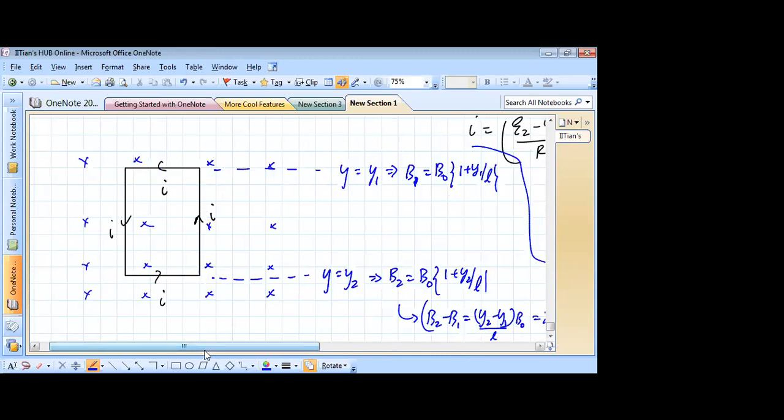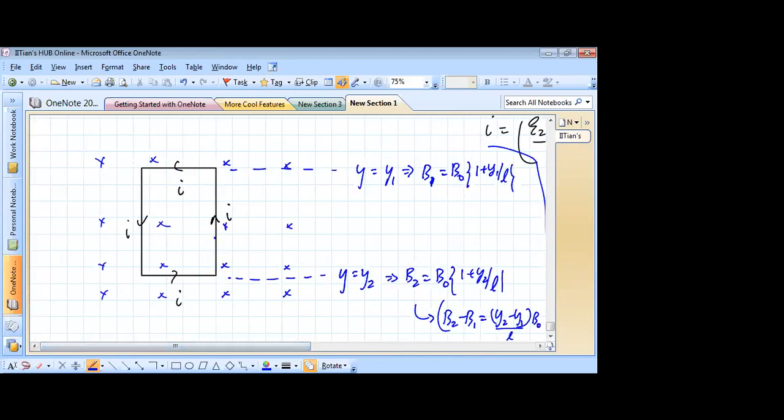But also we can see that if you take a general current element I dL here, at y equal to y, the magnetic field is a function of y.